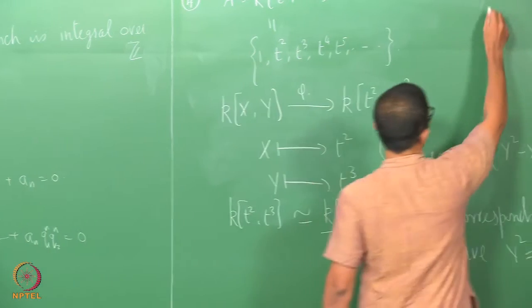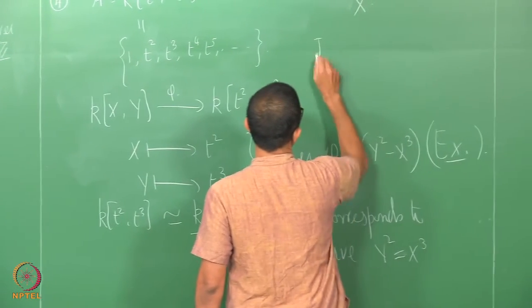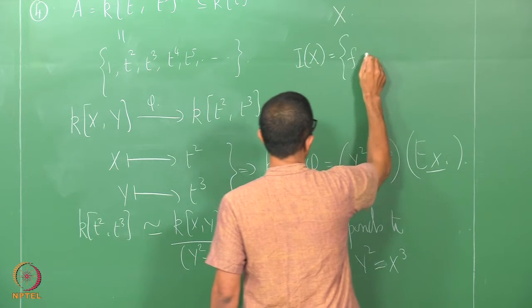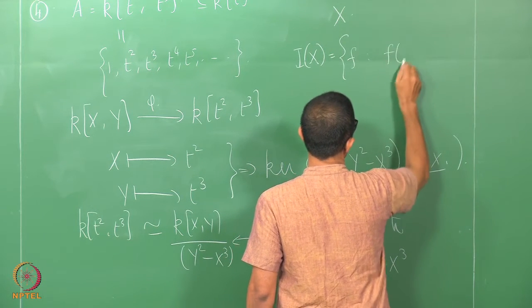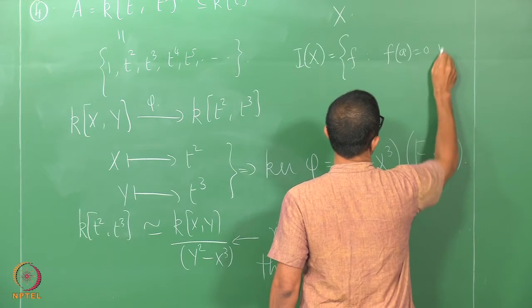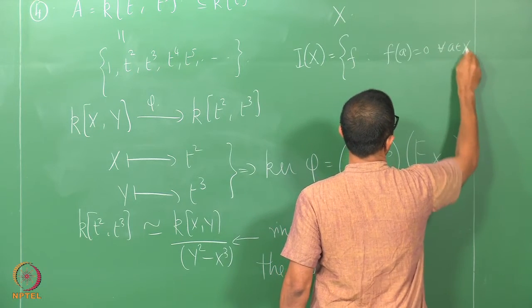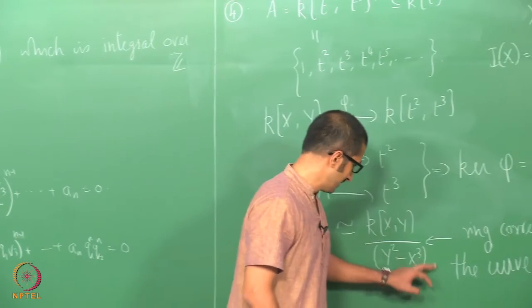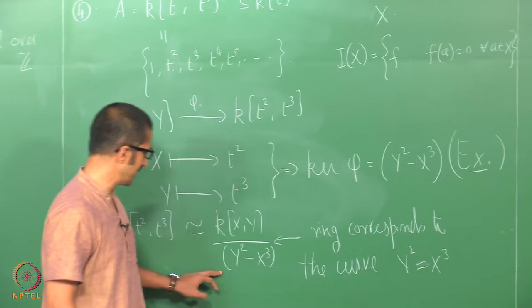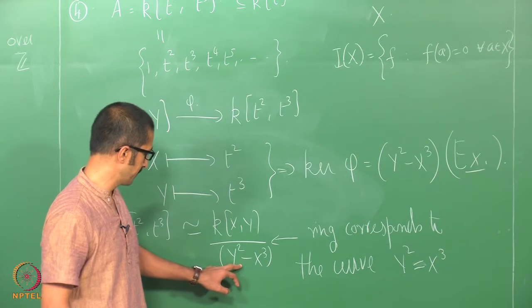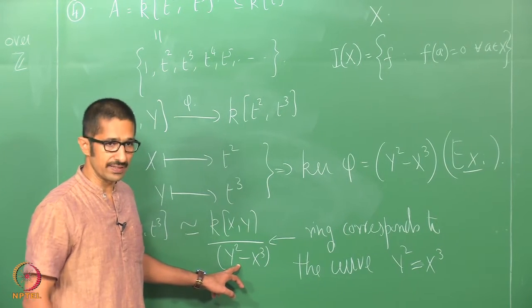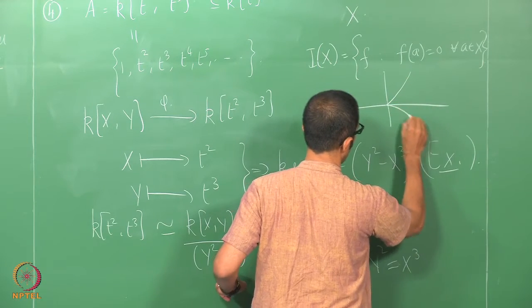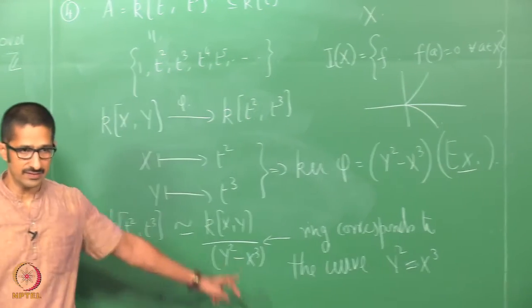That is, if I have an algebraic set X, I can look at I(X) to be the set of all f in the polynomial ring such that f(a) is 0 for all a in X. So, this is nothing but the ideal corresponding to the curve y square equal to x cube, or in other words the curve, this one.